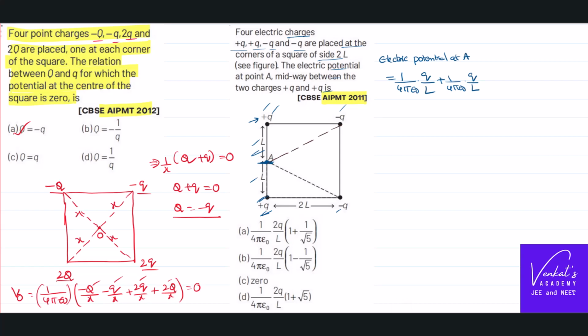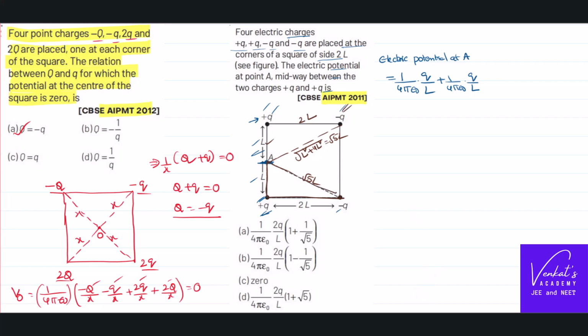This is L, this is 2L, so the distance is the root of L square plus 2L whole square, which is 4L square, that is root 5 times L. This distance is also the same because this is also 2L, this is also L. So from here to the point A, the distance is root 5 L.